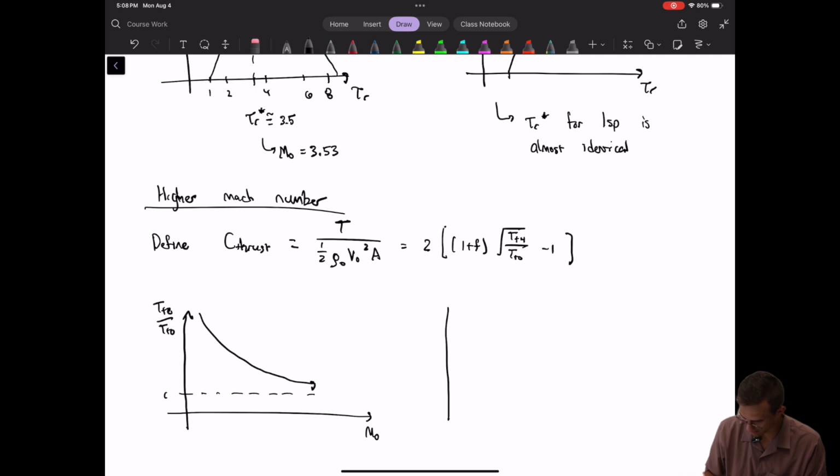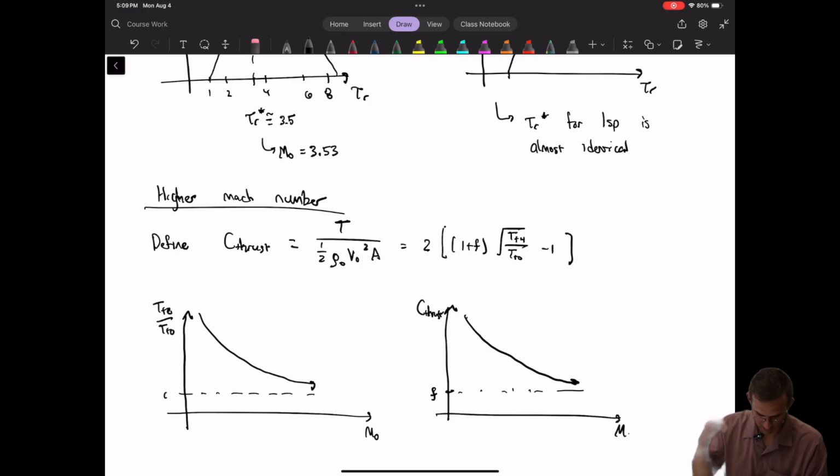And then the coefficient of thrust approaches F. Same sort of behavior in this plot. It kind of dives towards that asymptote as a function of M naught.